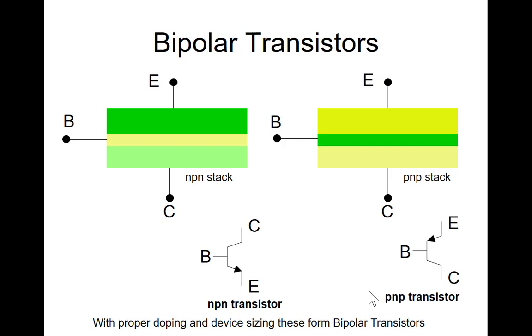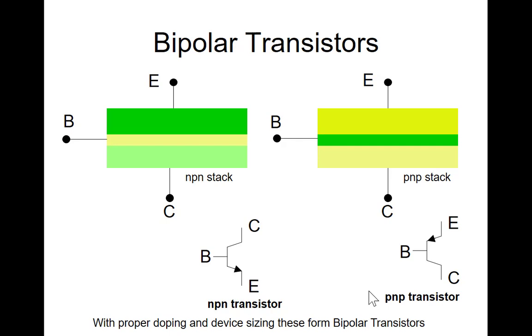We're going to connect electrodes to those three regions. I'm going to call the region that's more heavily doped the emitter. I'm going to call the region that's more lightly doped on the outside the collector, and the region in between will be the base. That will be true for both PNP and NPN devices.